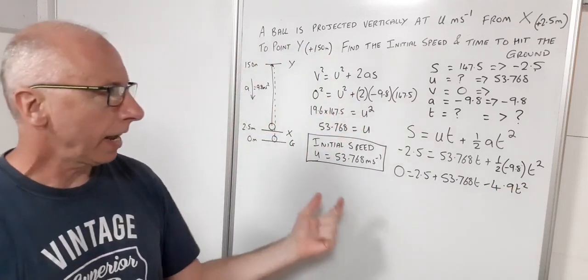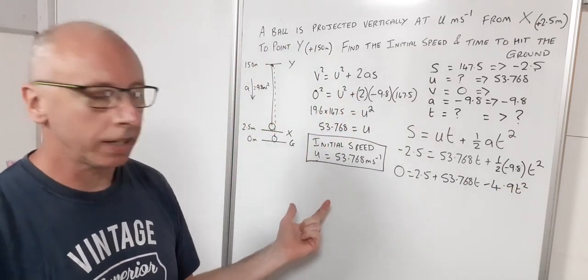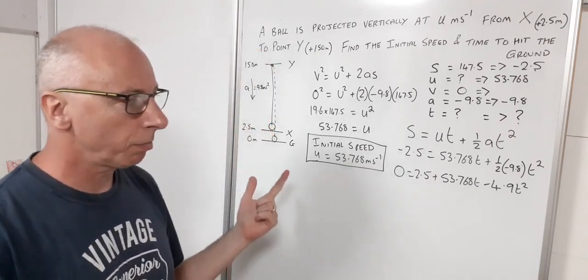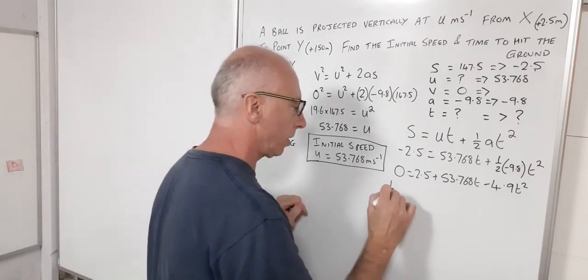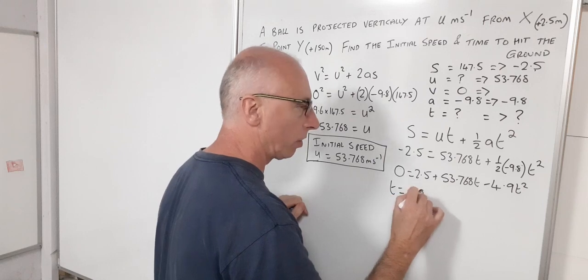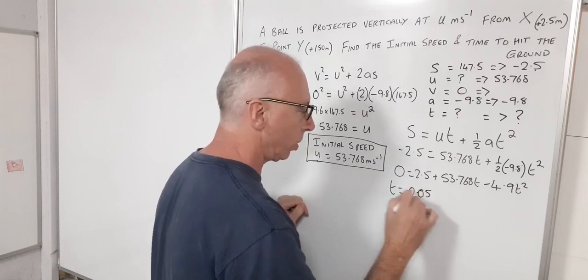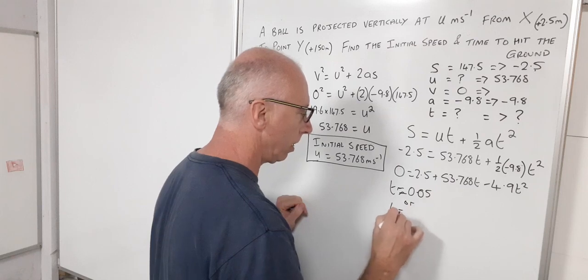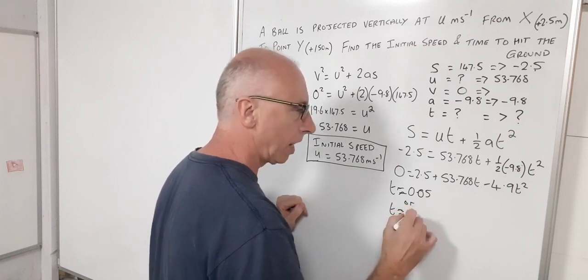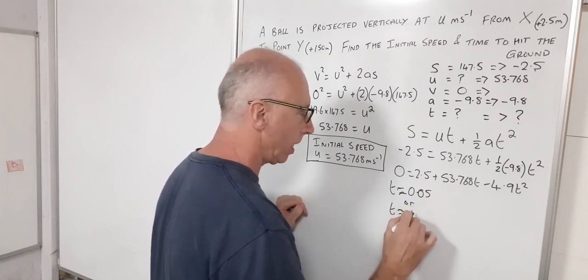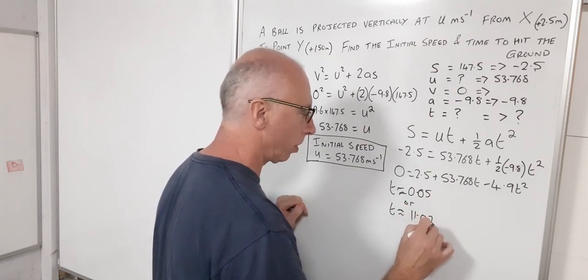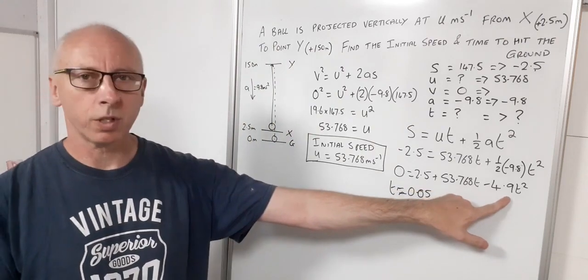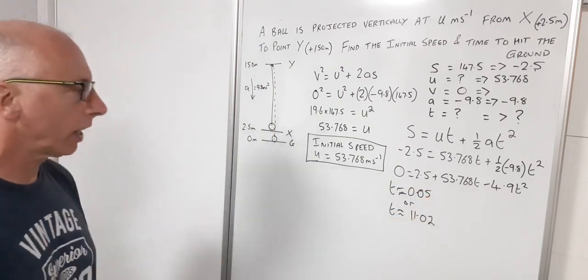Now we can put that in our calculator. We'll get two results. We'll get one that gives us a result below 0. So either T is approximately minus 0.05, or T is approximately 11.02. So that's our two results if we solve that and put that in our calculators.